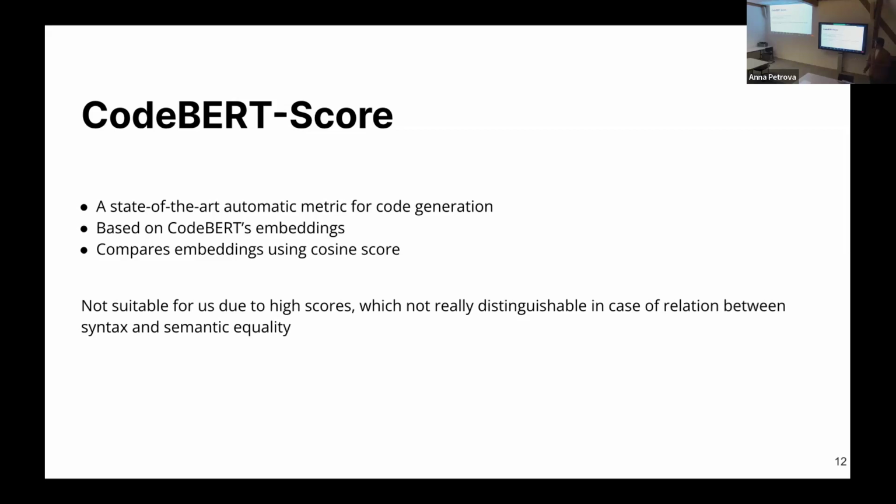Basically, CodeBERTScore is a metric based on BERTScore. BERTScore is a metric that encodes the hypothesis and the reference using a BERT model and compares embeddings using a cosine similarity score.